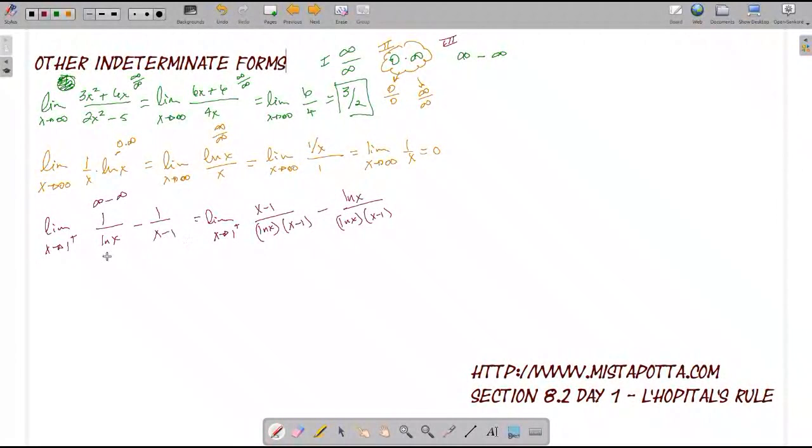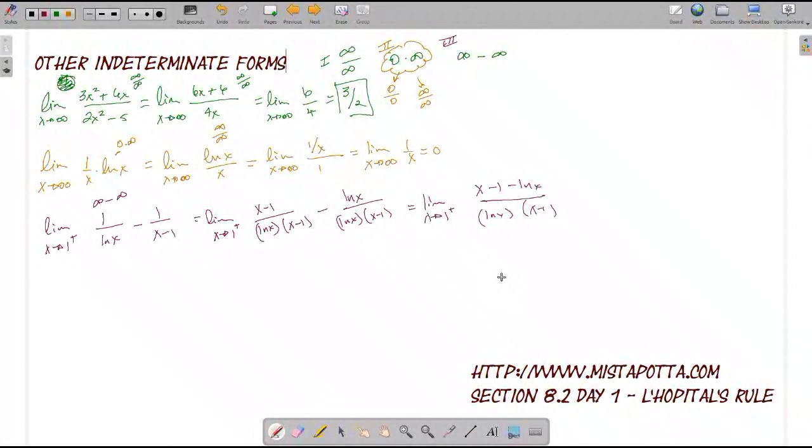Basically multiplying my denominators together and multiplying the numerator of 1 times that extra term. So I end up with the limit as x approaches 1 from the positive side of x minus 1 minus natural log x over the natural log of x times x minus 1.